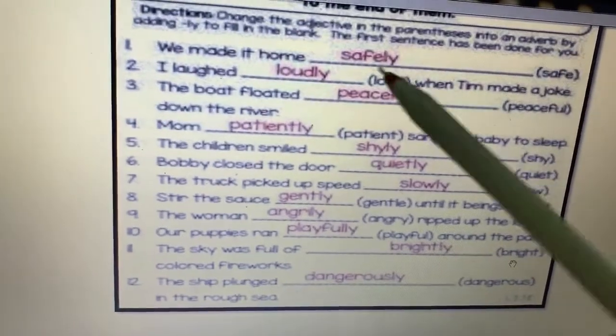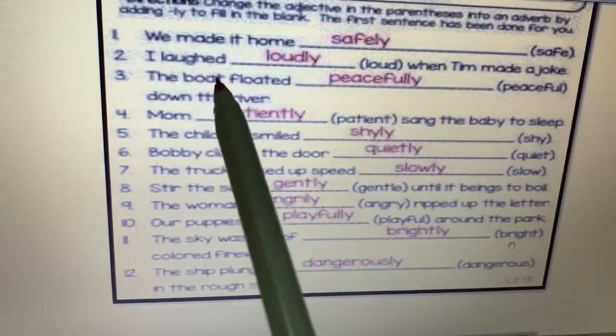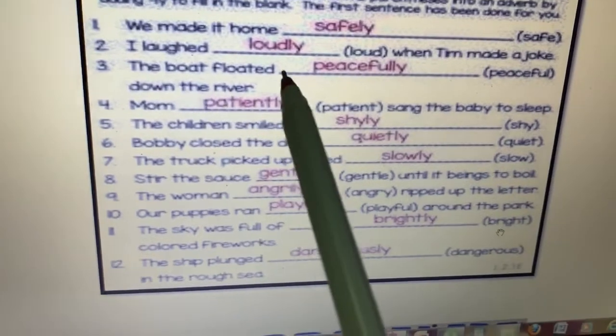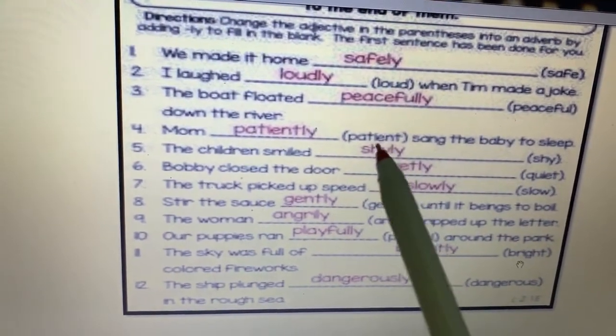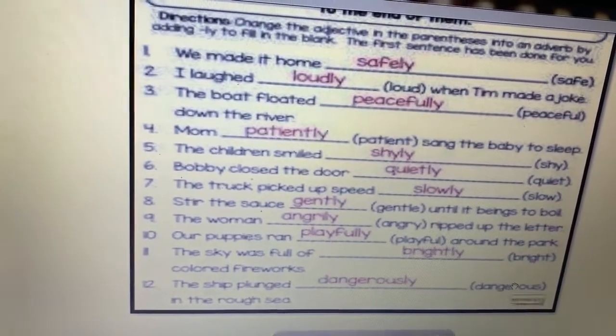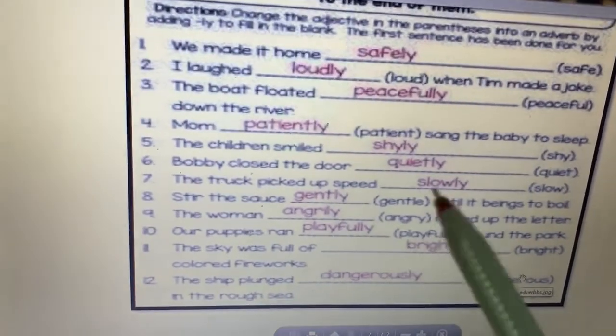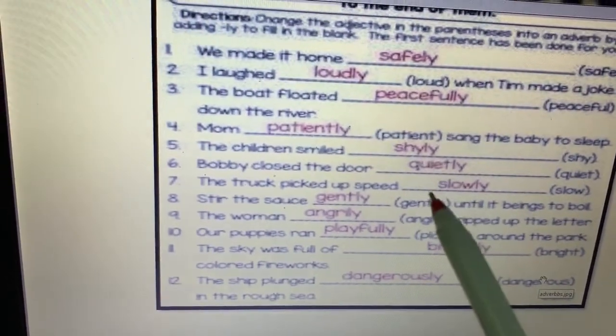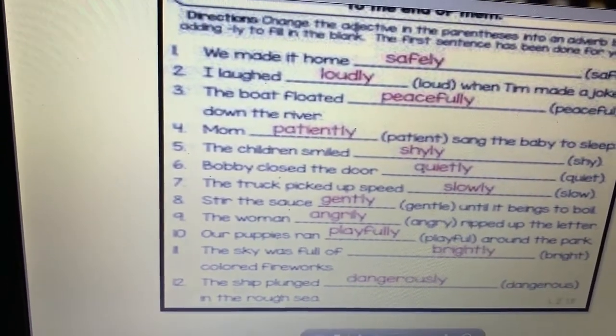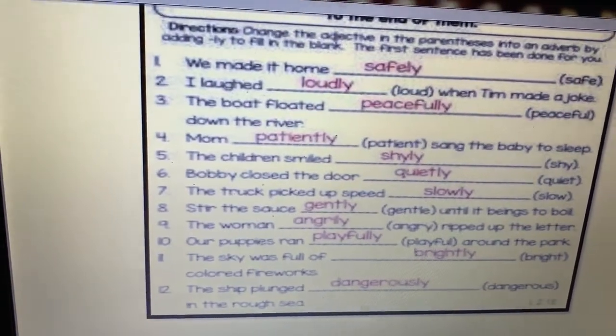But when they come after the verb, they become adverbs, because adverbs are words which describe verbs.